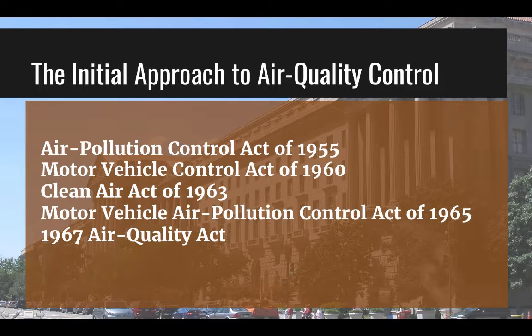The 1967 Air Quality Act was actually a set of amendments to the 1963 Clean Air Act. It outlined federal air pollution control by creating procedures for state air quality standards, defined 10 atmospheric regions of pollutant concentrations, and defined regions where air quality could be effectively regulated.